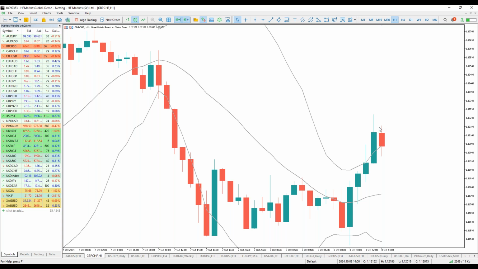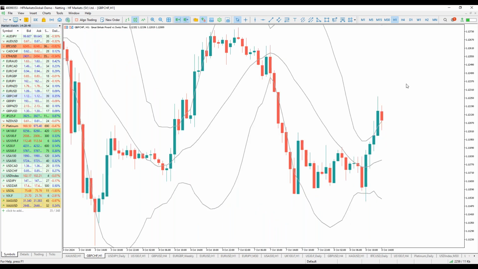We need a confirmation, maybe another indicator, or just wait for this candle to close and see whether it will be a positive close, or whether the following one will have a higher high and a higher low, suggesting the continuation of the trend.